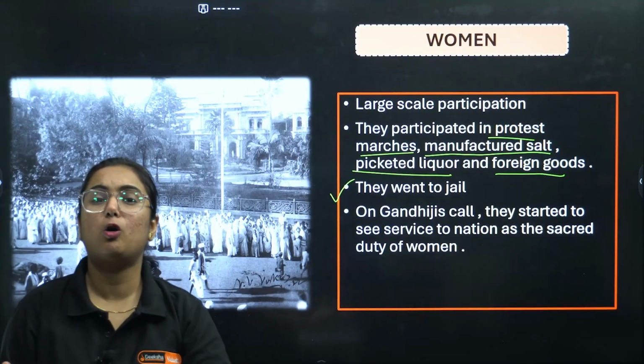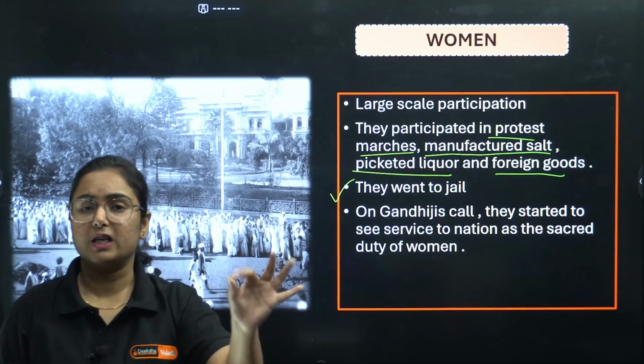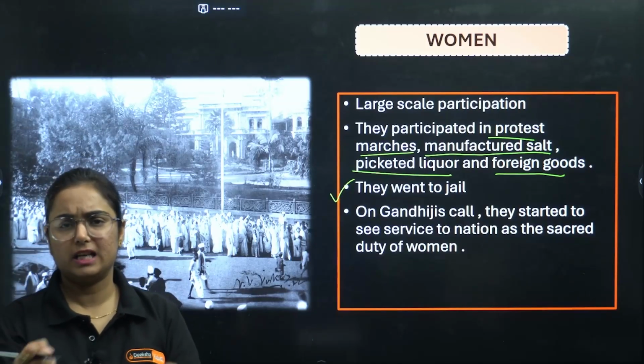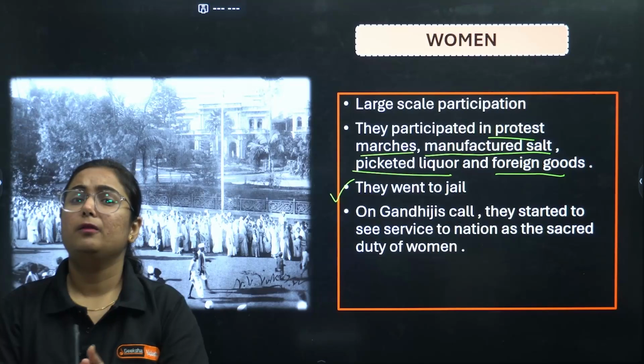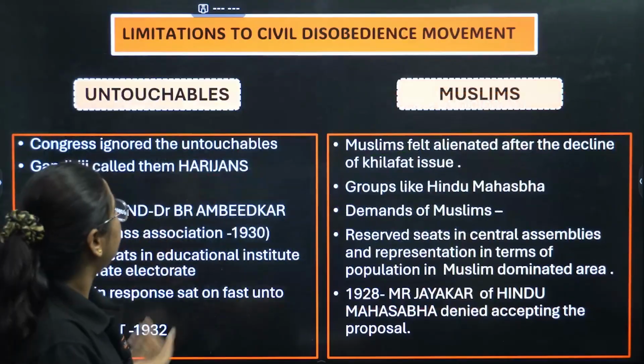The nation is also a homeland for them, and it is the sacred duty of women to give service to the nation. I'm not saying that this is the only reason why women came out, but this is the reason we have seen women supporters in CDM.